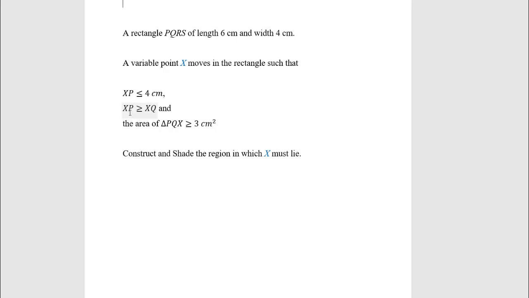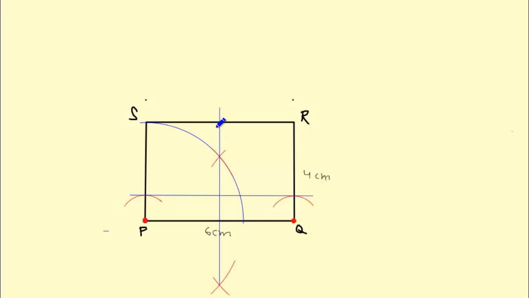Now the second condition says that the distance of X from P must be greater than the distance of X from Q, or in other words, the distance of X from Q is less than or equal to the distance of X from P. If it is equal, it is on this line. For less than, the distance of X from Q is less, so it means that X will be on the right side of this perpendicular bisector.